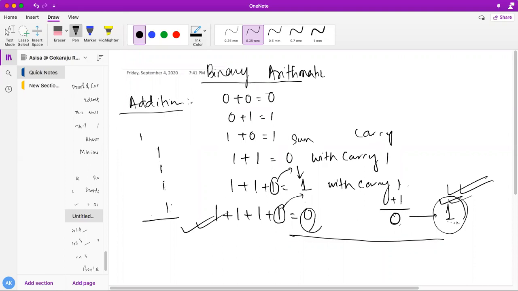So the sum comes as 0, and again one more carry gets generated. So this 1 plus 1 plus carry gives 0 and the carry will go to the next bit. The carry will not travel here, it will travel to the next bit.